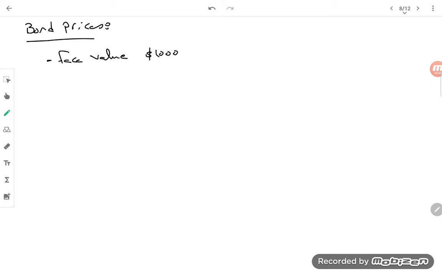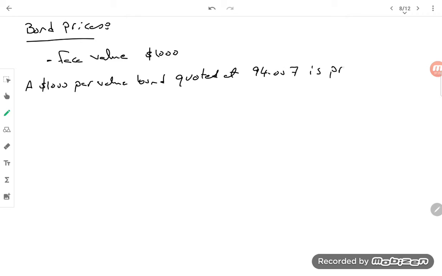So for example, a $1,000 par value bond quoted at 94.007 is priced at $940.07.